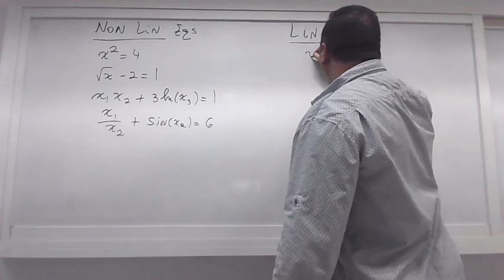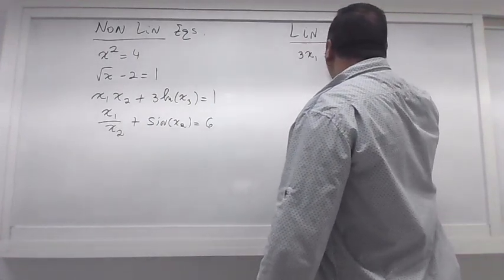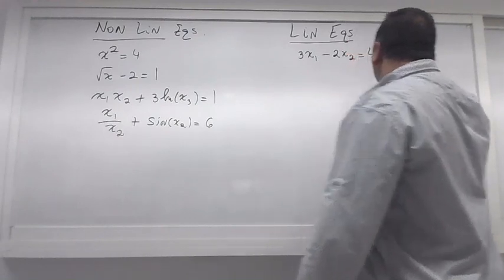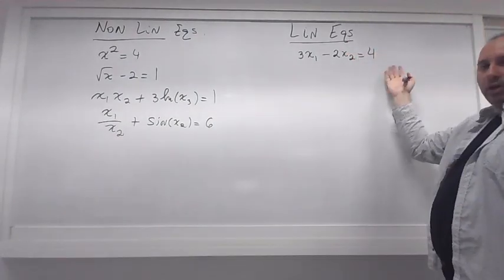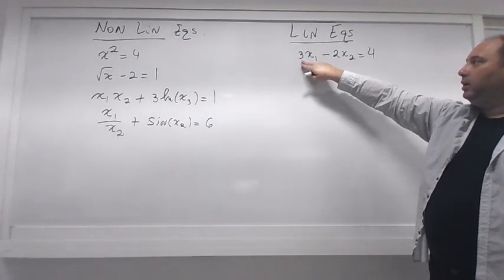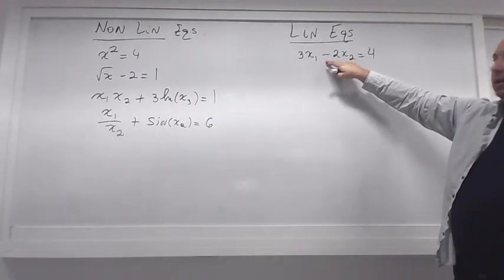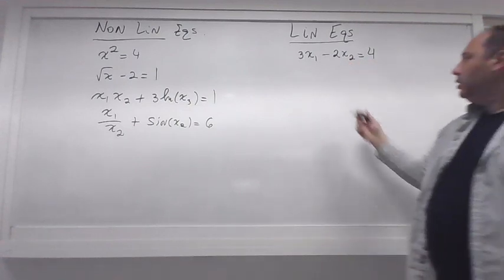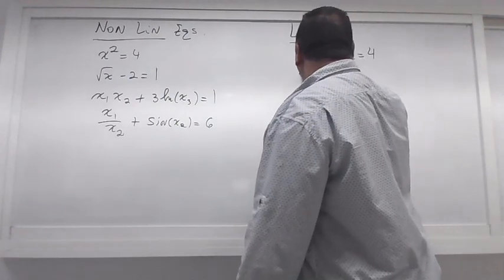Some examples. Let's say 3x1 minus 2x2 equal 4. So this is a linear equation. Intuitively, a linear equation is a number times a variable plus a number times a variable equal to a number. I can have another one.